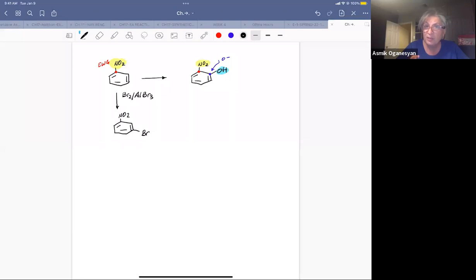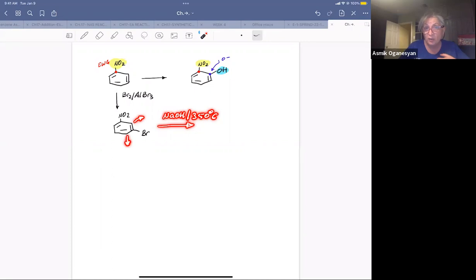Let's think about the next step. If, and I'm going to pick up the laser pointer, if I said, well, I have an electron withdrawing group and the leaving group meta to each other, if I add sodium hydroxide at 350 degrees Celsius, as we just learned, what would happen? My hydroxy group will not go on the meta position, but will go on the ortho or para position.